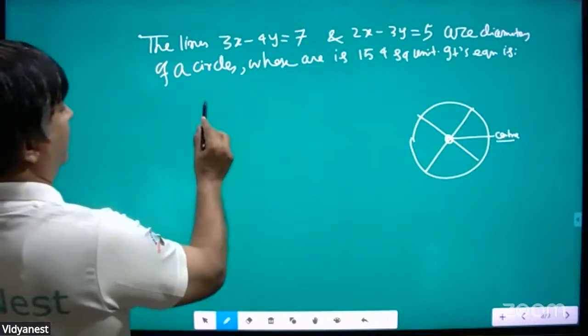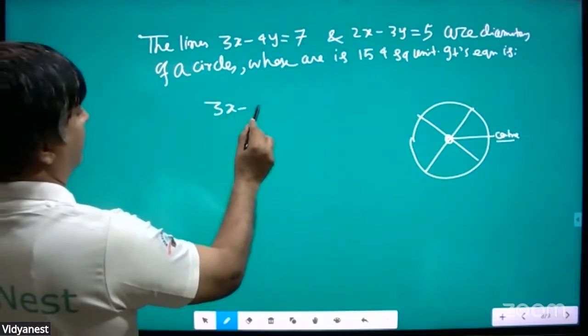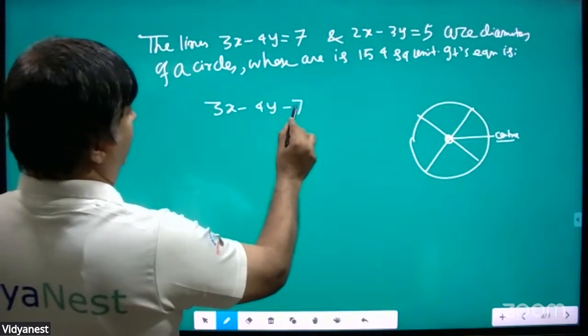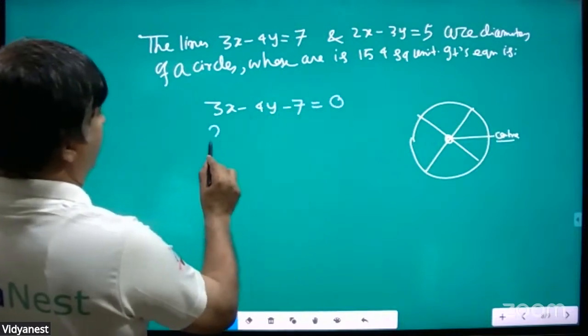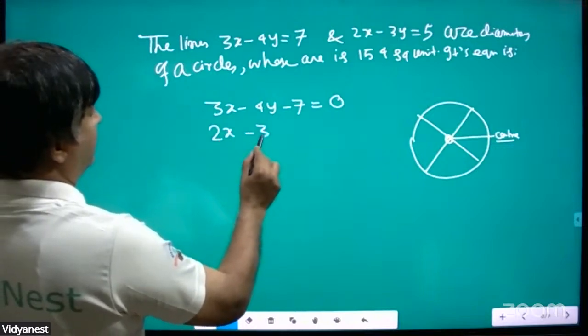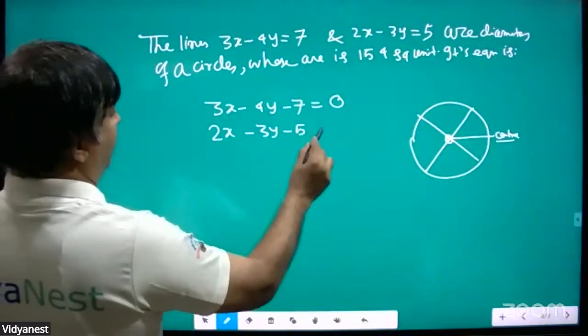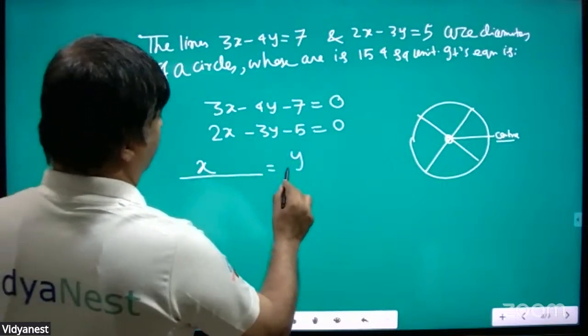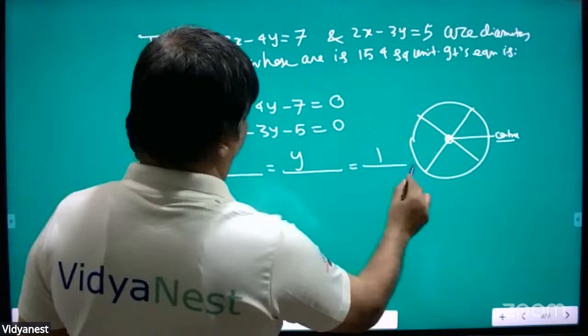So solve it. 3x minus 4y minus 7 is equal to 0. 2x minus 3y minus 5 is equal to 0. x, y, 1.